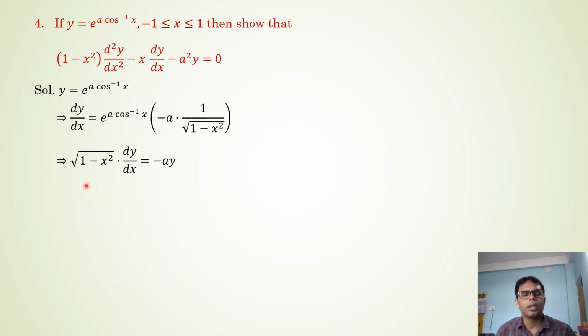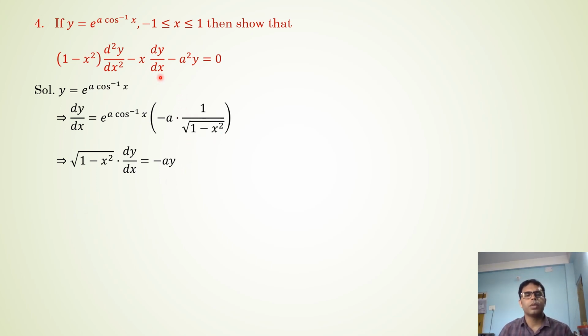So this is the cross product. This root over 1 minus x square is coming here, dy dx is already here. This part e to the power a cos inverse x can be replaced by y here, you see. So it is minus a here, and this term is simply y, and this is our expression now.